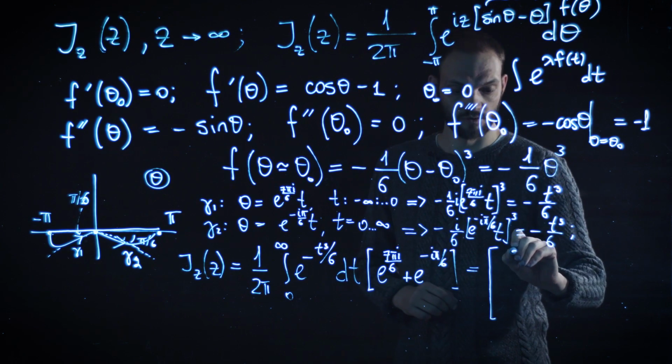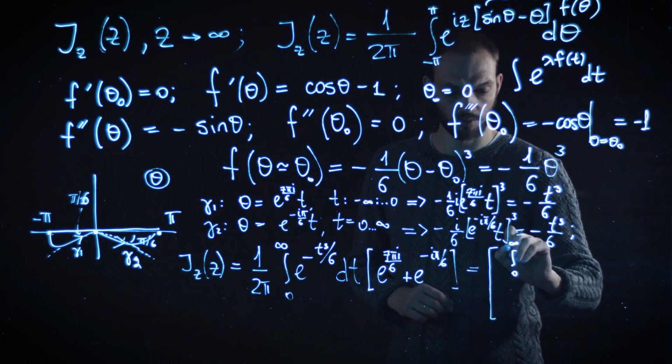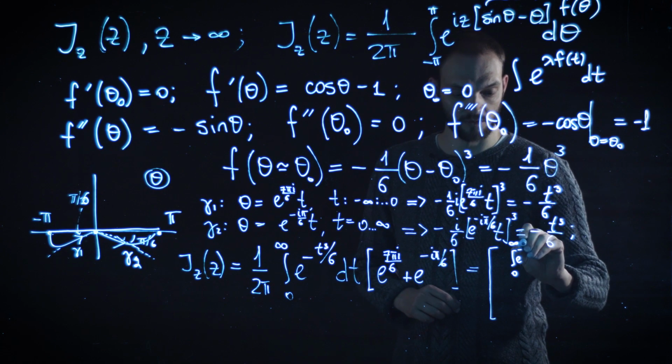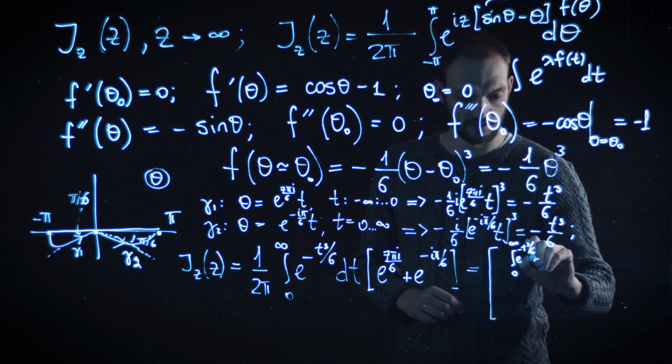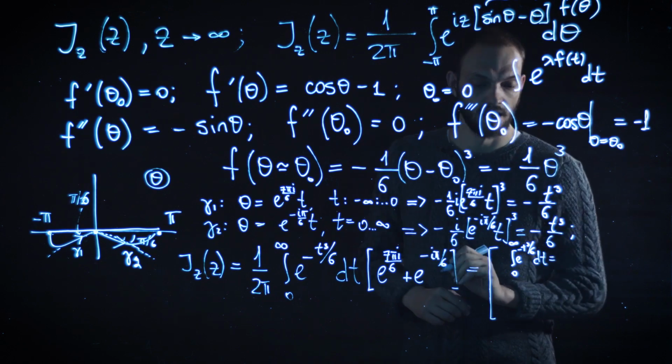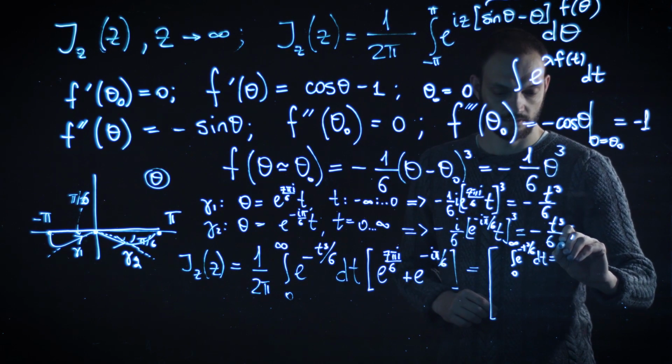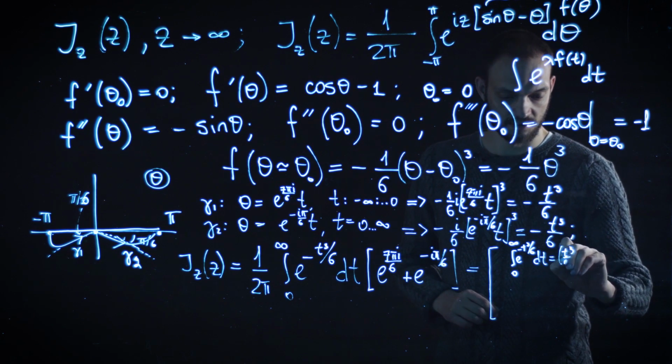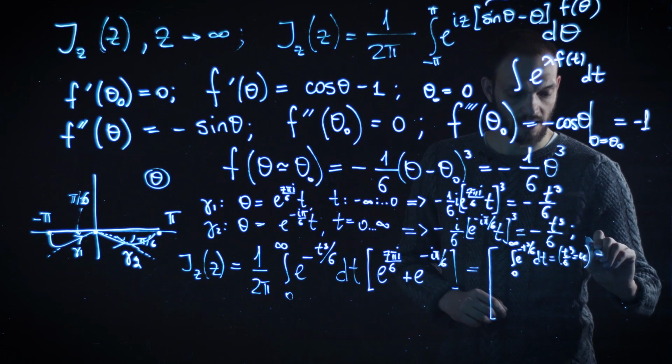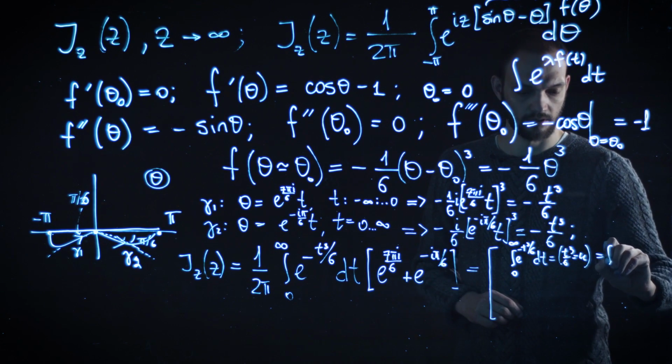The first step is to evaluate this integral from 0 to infinity of exponent of minus t cube over 6 dt. We make a change of variable, t cube over 6 equals u, and this renders the integral into the following form.